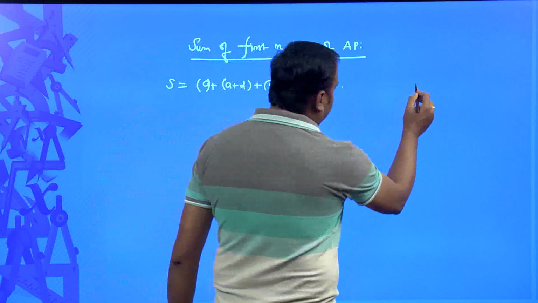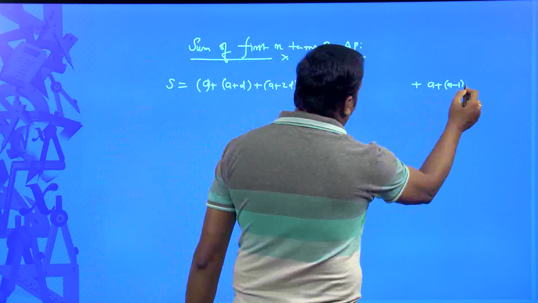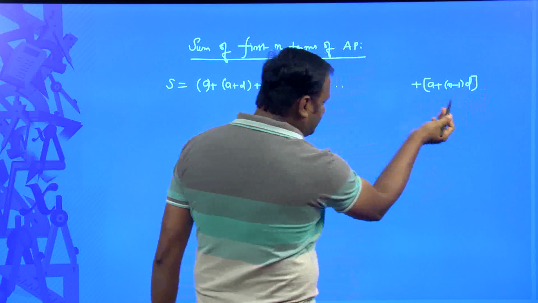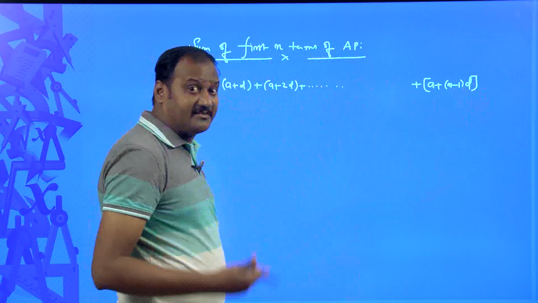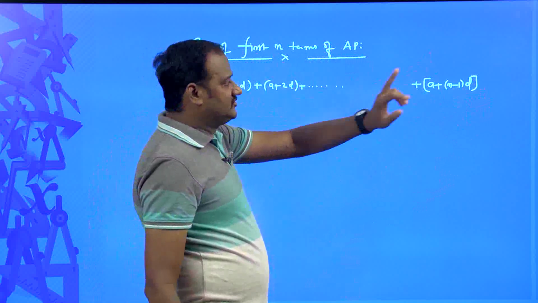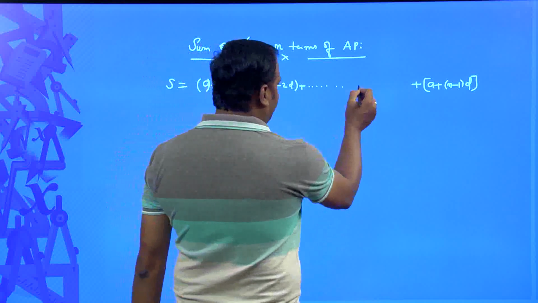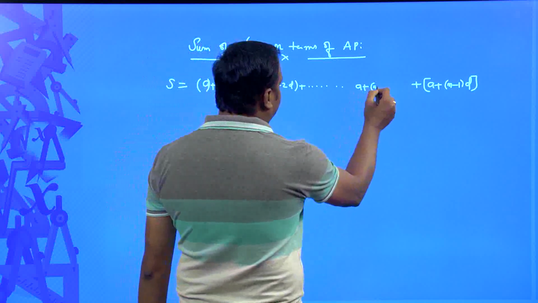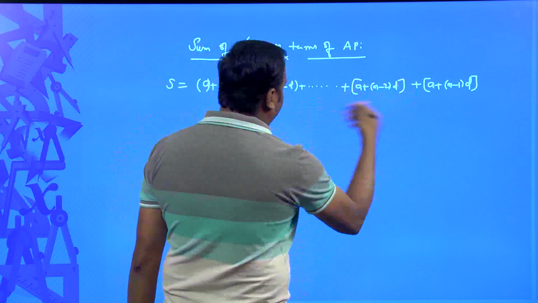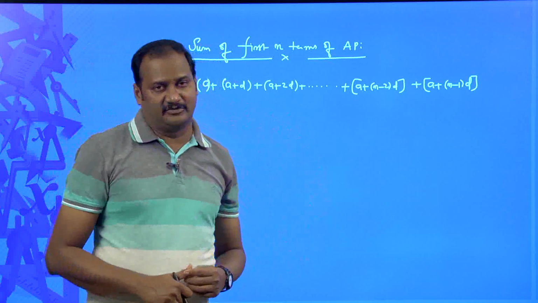So, the nth term is A plus n minus 1 into D. If this is the nth term, what is the term before the nth term? It means the n minus 1th term. Substitute n minus 1 in place of n, so n minus 1 minus 1 equals n minus 2. So, the n minus 1th term is A plus n minus 2 times D, right. Plus so on. This is the sum of the first n terms of an arithmetic progression.